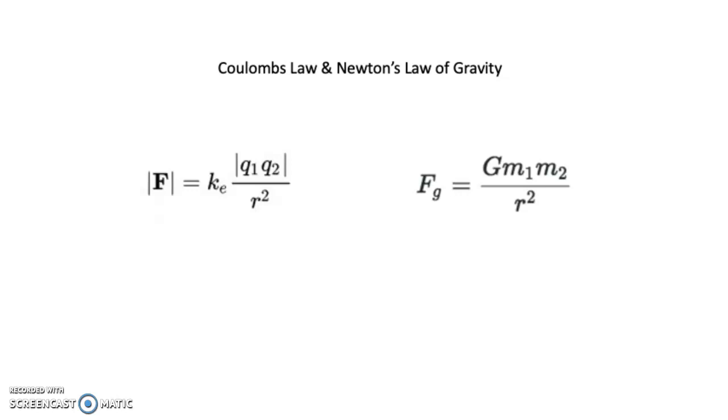G is the gravitational constant, and Coulomb's law is basically the same thing, just dealing with much smaller particles, tiny little charges. And of course there's a different constant, the K constant, the Coulomb constant. But again, the principle is very similar.